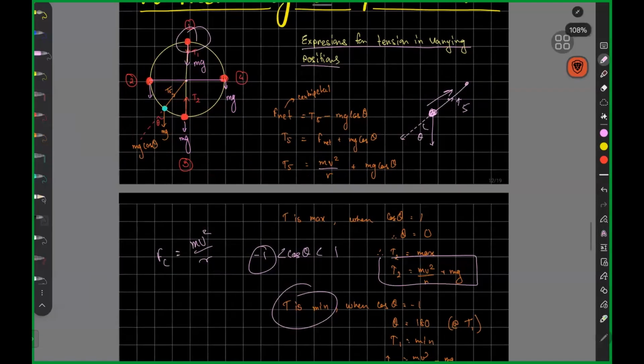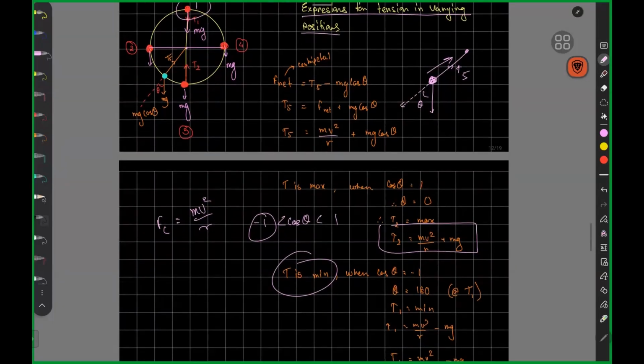Can you guys see my screen? Someone can't see my screen, so I'm a bit confused. Yeah, I can see. You can see? Okay. In case you can't see my screen, you can exit and rejoin.